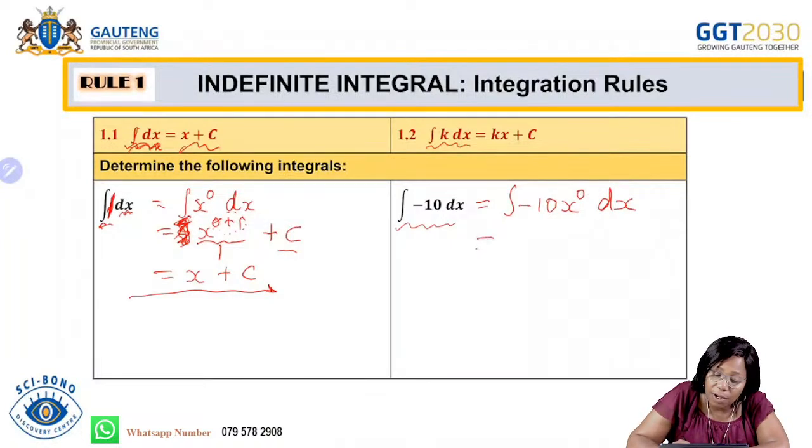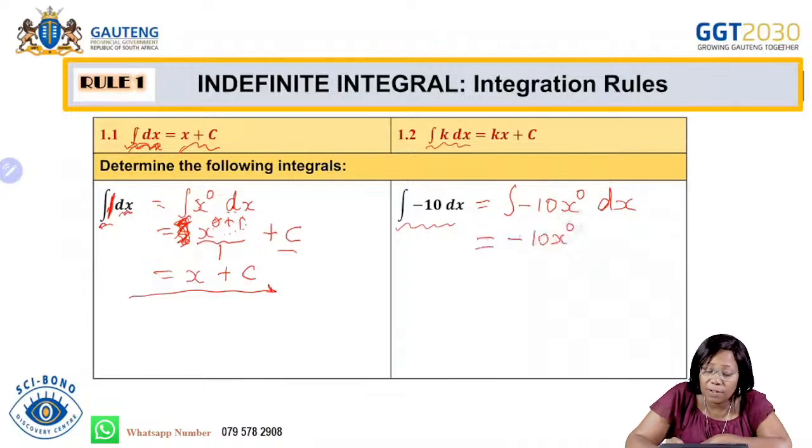And therefore, we are following the rule now. We are having a minus 10, x to the power 0. Remember, the rule says plus 1, and then over the exponent of your x there, that will be 0 plus 1, which is 1. Therefore, this is over 1 plus a c. And then our final answer will be what?